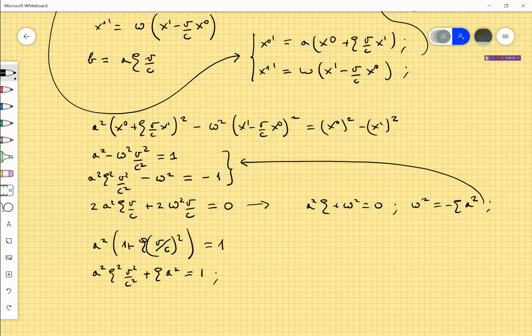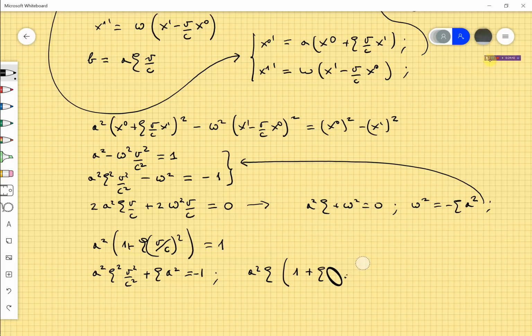We take a common factor, A squared Z, and to get this 1 plus Z V divided by C squared.